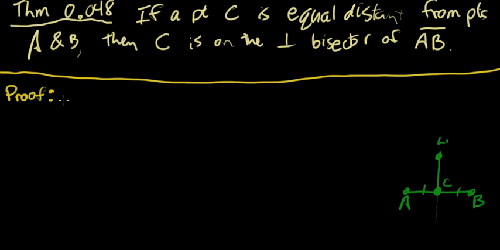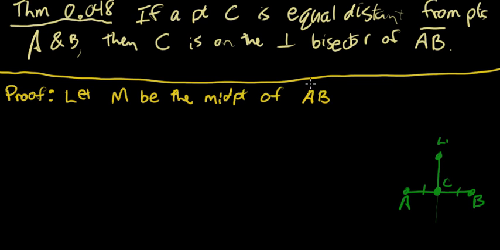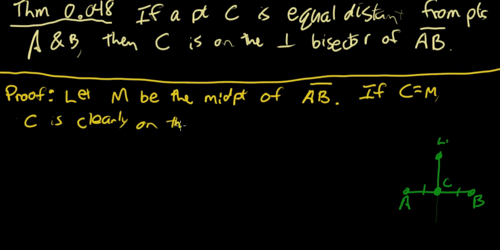Proof. We'll say let M be the midpoint of the segment AB. If C equals M, then we can say that C is clearly on the perpendicular bisector.